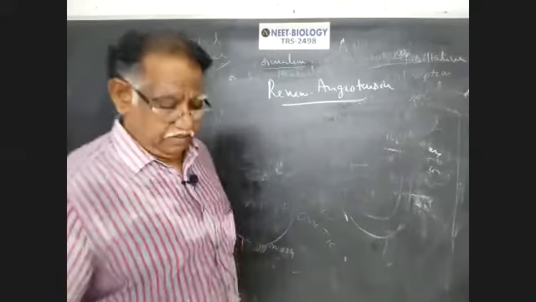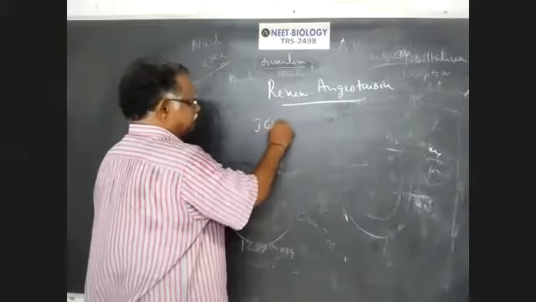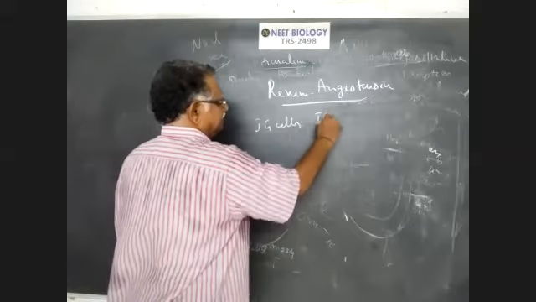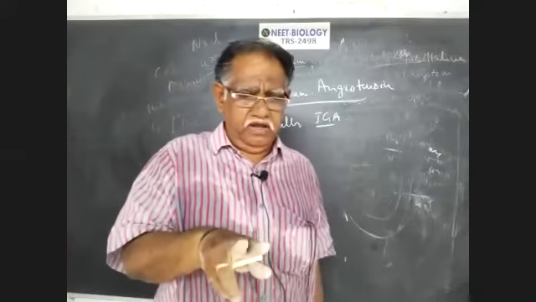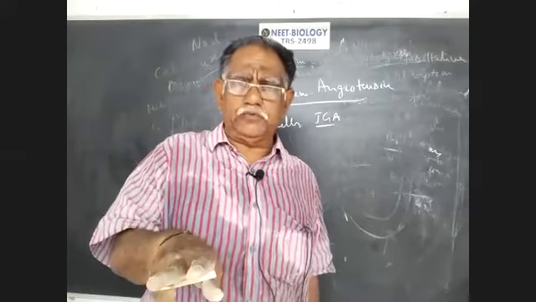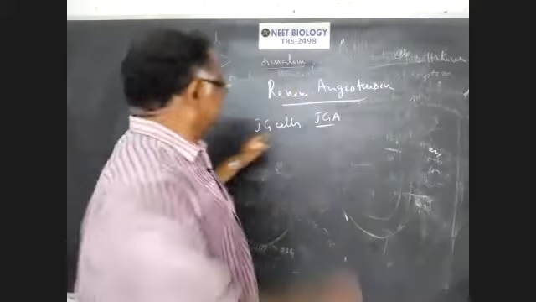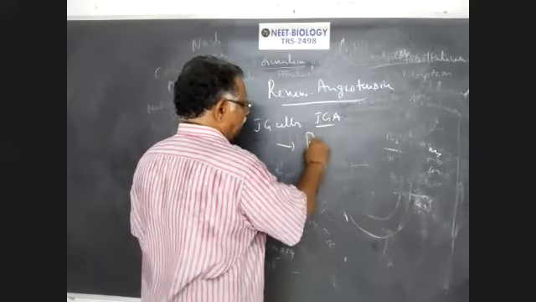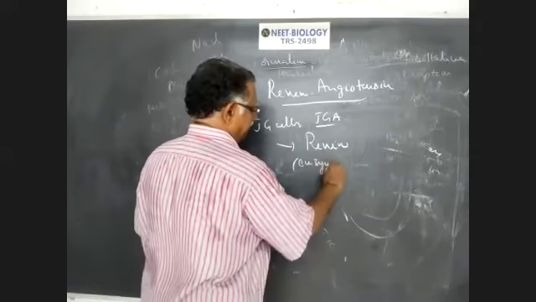The JG cells present in the JGA, the apparatus formed by the union of the distal convoluted tubule and afferent arteriole, which I explained in the last class. The JG cells secrete an enzyme called renin. It is a peptide enzyme.